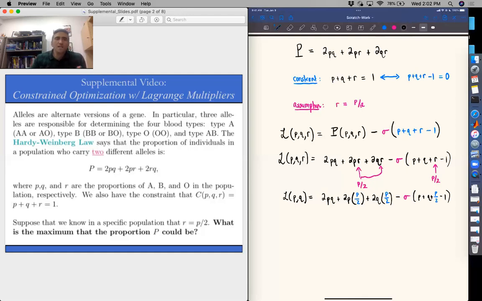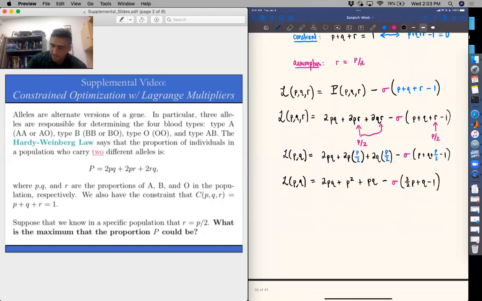All right, so our Lagrange function is now just in terms of 2 variables, p and q, and our Lagrange multiplier sigma. Simplifying this a little bit more, we basically get that the Lagrange function is p times q plus 2p squared over 2, or in other words, plus p squared, plus 2qp over 2, or in other words, plus pq, and then minus our constraint, which it looks like we can reduce to just 3/2 p plus q minus 1.